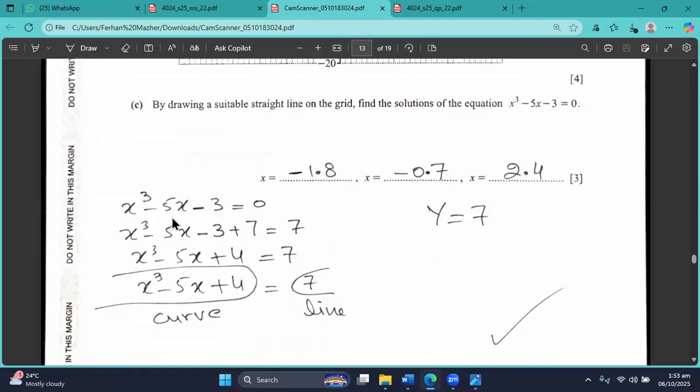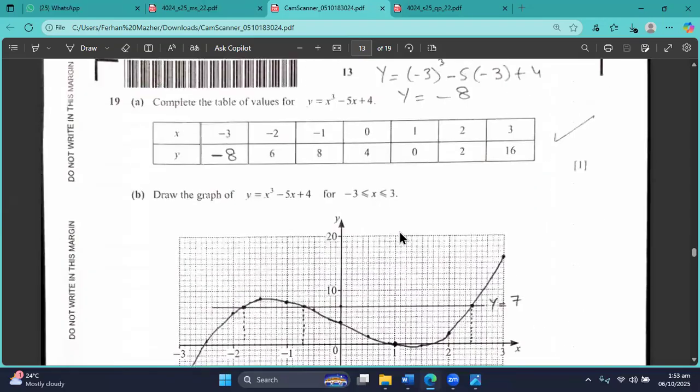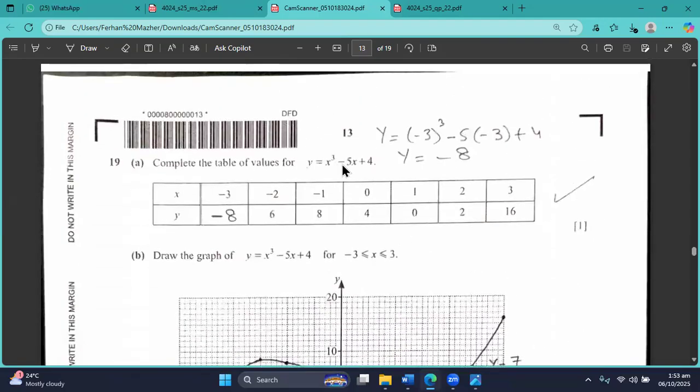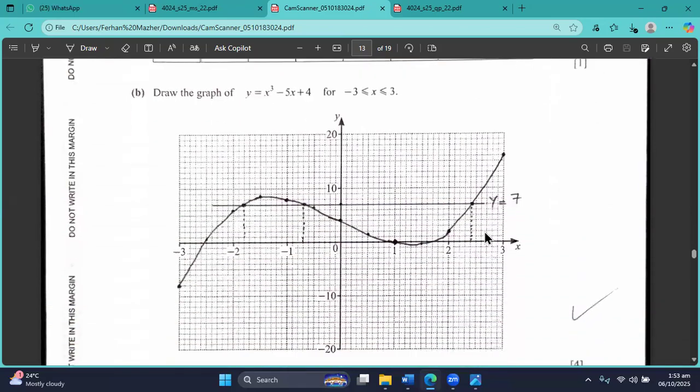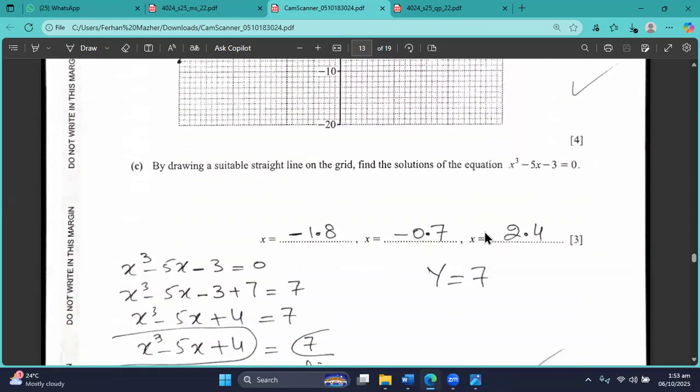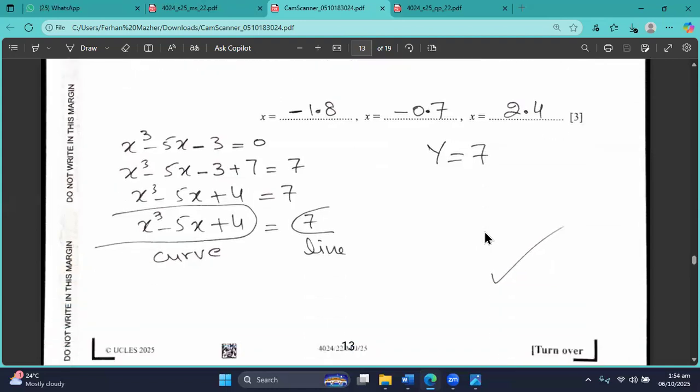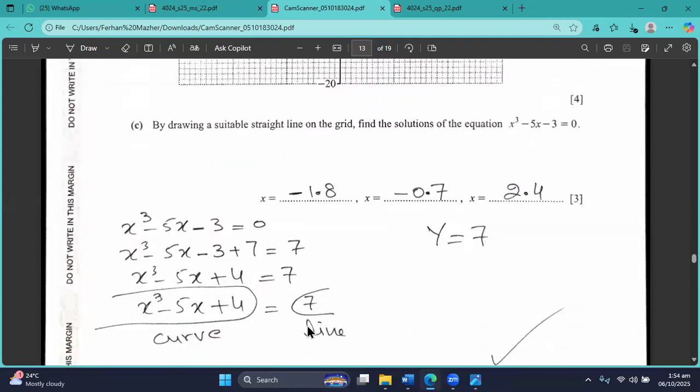On the left side, I will try to make the equation of the curve whose graph is there. The equation of that curve is x cubed minus 5x plus 4. So what do we have here? There you have plus 4. Here you have x cubed minus 5x minus 3 equals 0.